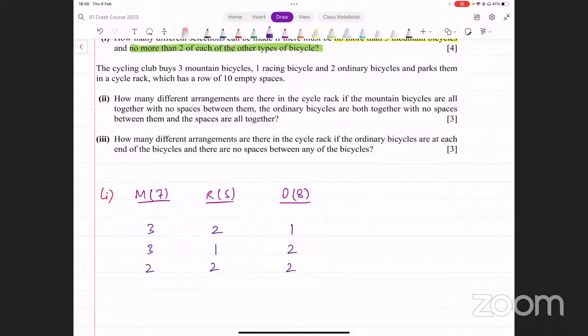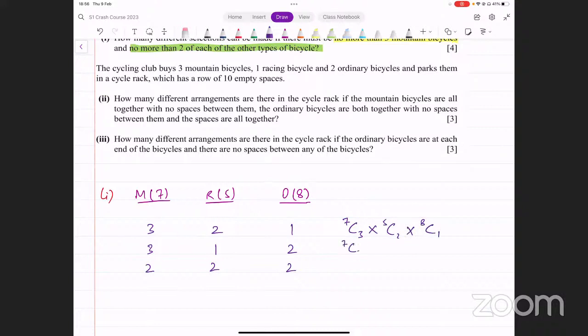Now, the first case is that we're selecting 3 mountain bicycles out of 7, 2 racing bicycles out of 5, and 1 ordinary bicycle out of 8. And so on for the other two.